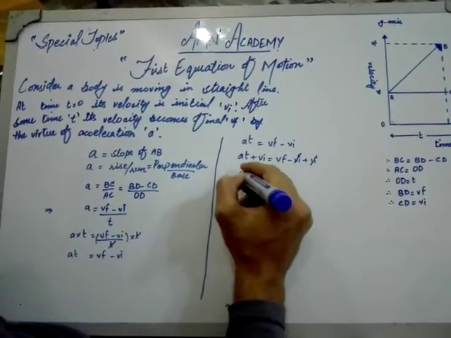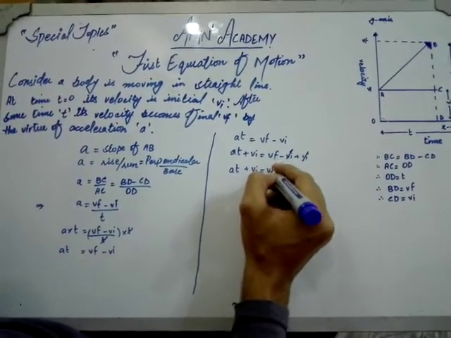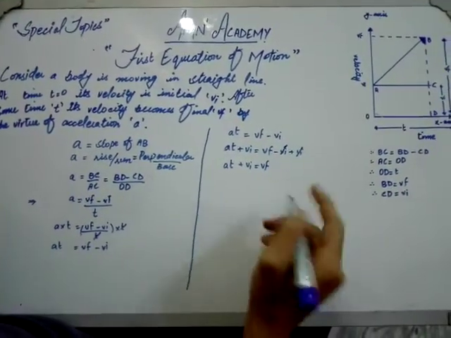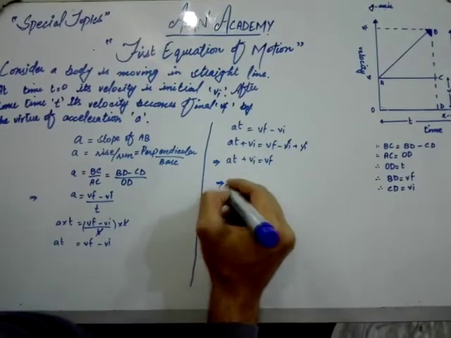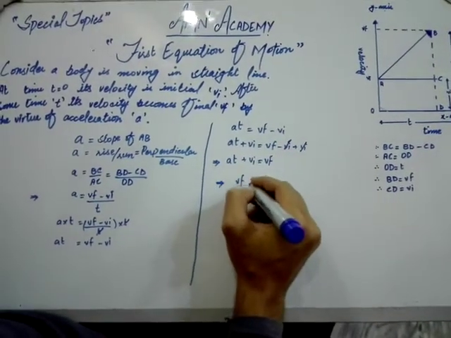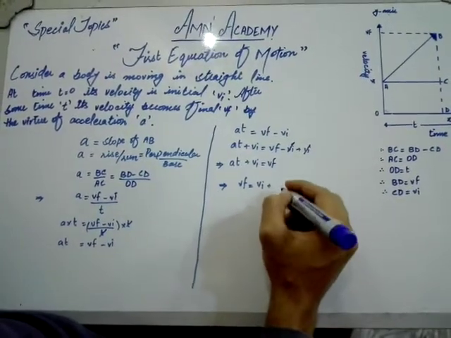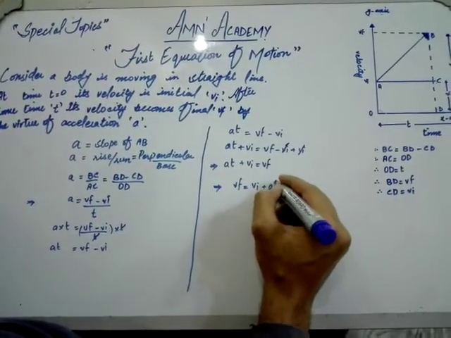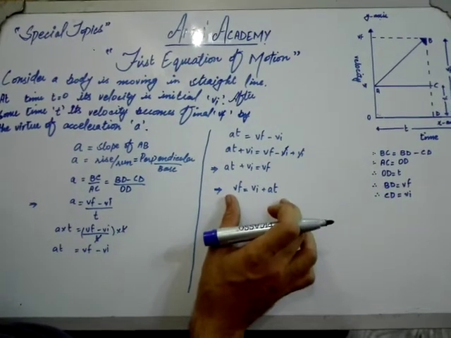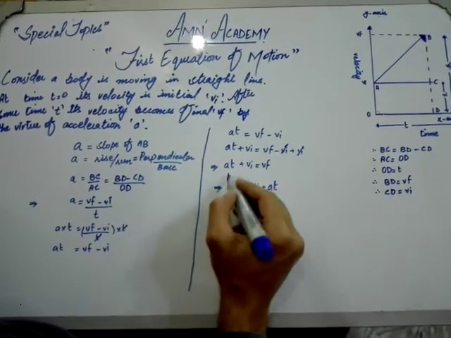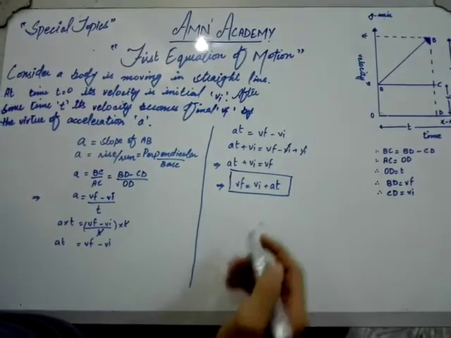Now at plus vi is equal to vf. Rearranging this equation, final velocity is equal to initial velocity plus the product of acceleration and time. This is our first equation of motion, and it is very useful for calculating the final velocity.